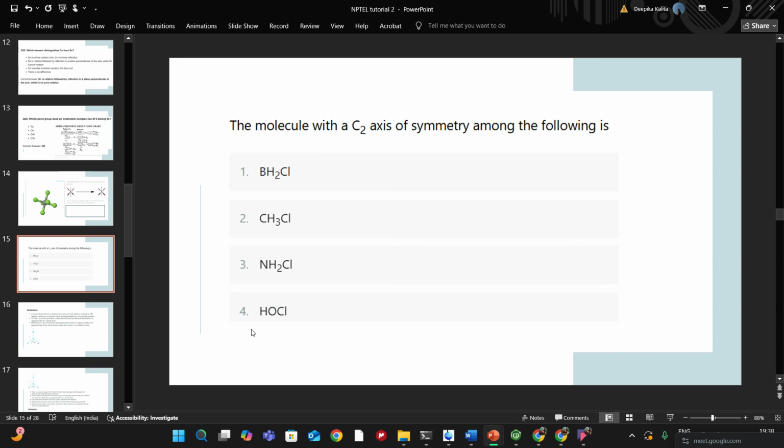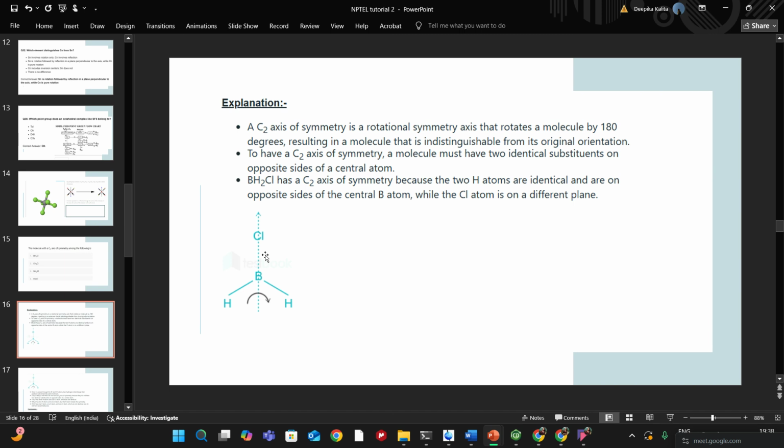Hence, out of all these molecules, if you look at the other molecules, these two will have a tetrahedral geometry, which will not have a C2 axis of symmetry. Hence, option 1, BH2Cl, will be the correct answer.